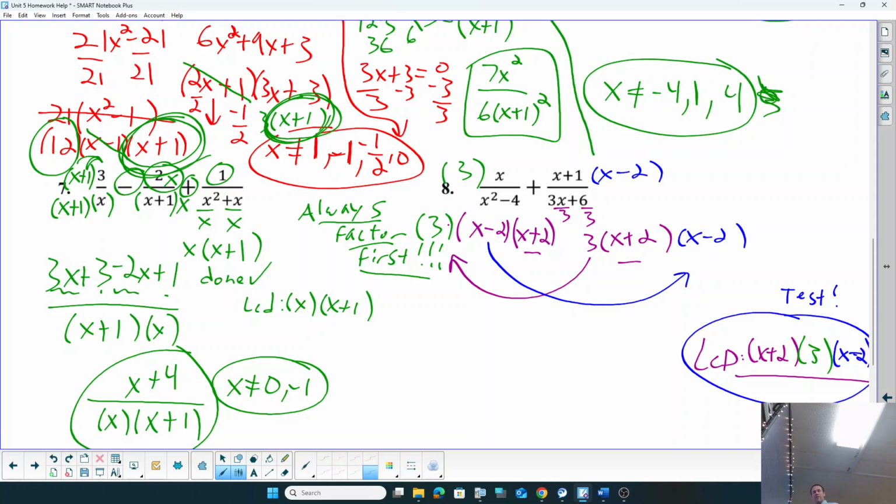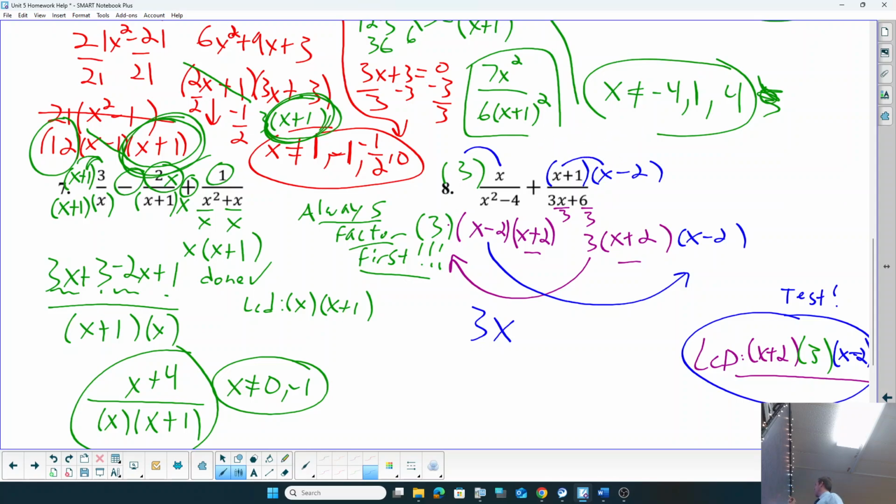Okay, so now that we have a common denominator, we cannot eliminate the bottom because this is adding. But we can combine the top over the bottom once. So 3 times x is 3x. Foil it.